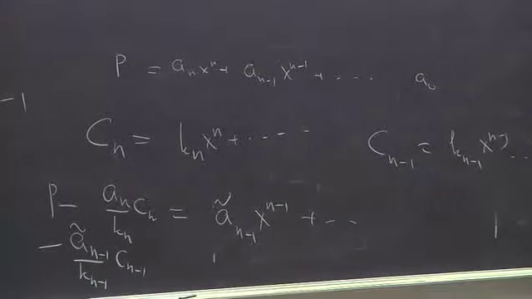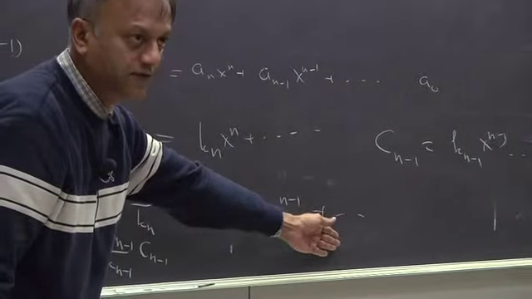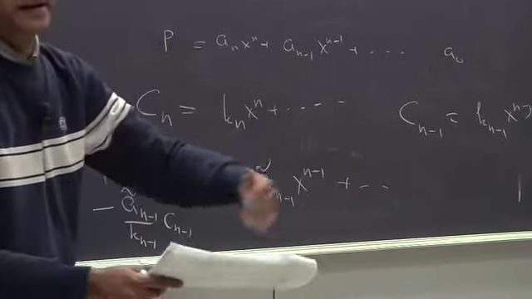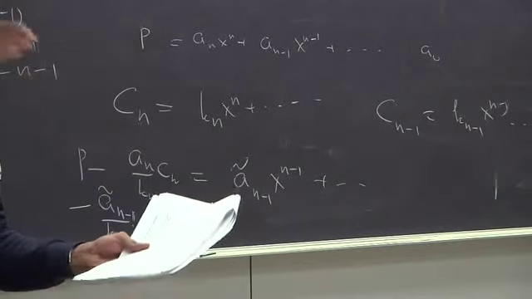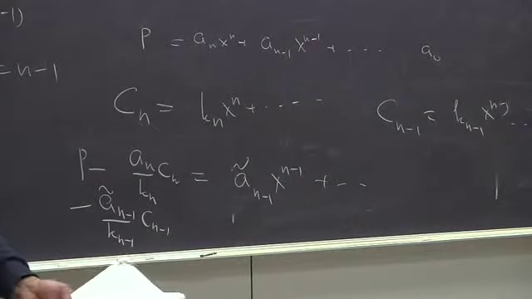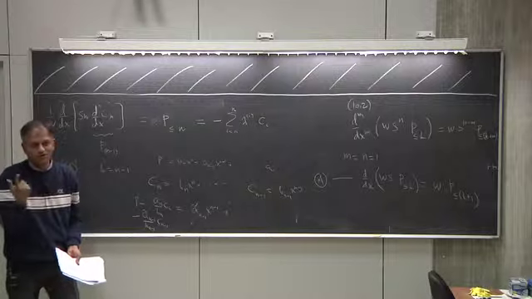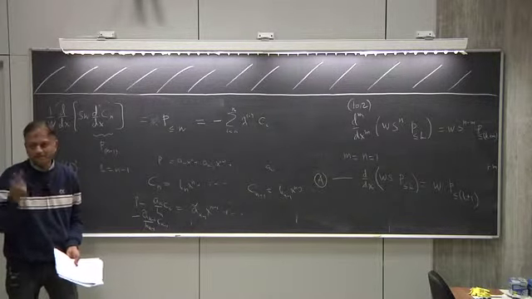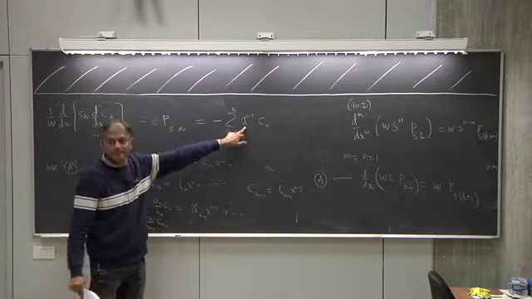You see? So this also disappears, correct? Then it will start from x^{n-2}, then you can take a suitable combination of C_{n-2} to get rid of x^{n-2}, and so on. You systematically go, and finally you arrive at just a constant. That constant you can get rid of by C_0. C_0 is just a constant. There's no x dependency. It's a 0th degree polynomial, right? So this way you can always find this linear combination.